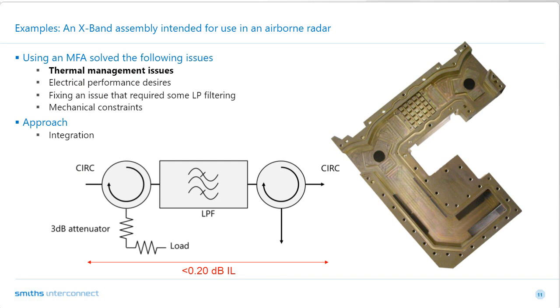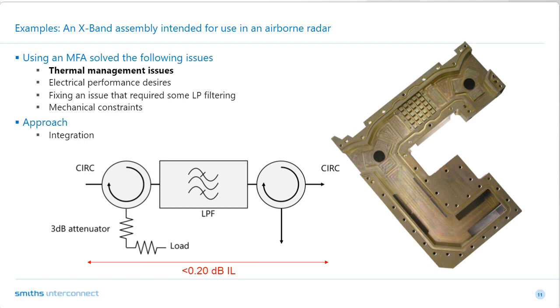This is an X-band assembly that we did for an airborne radar package. Again, especially in an airborne environment, thermal management is an extreme issue, and electrical performance, given the limited size of an airborne package, is also a driving factor in airborne platforms.